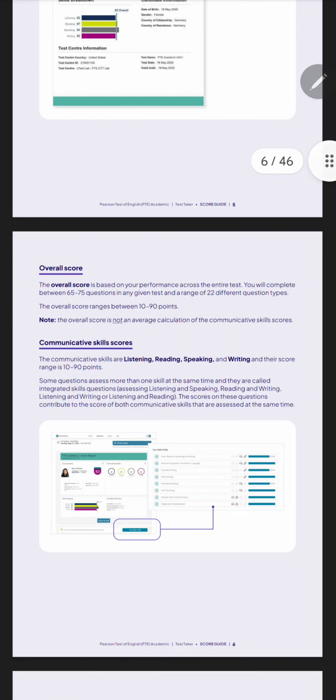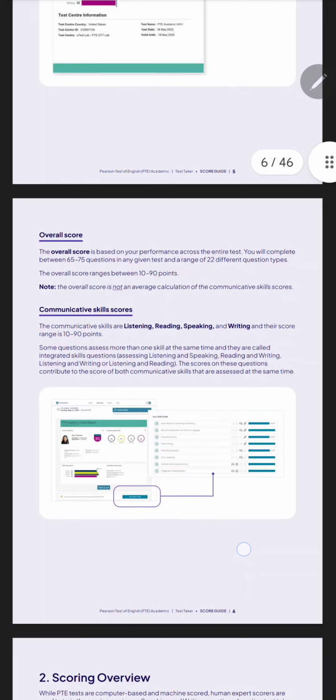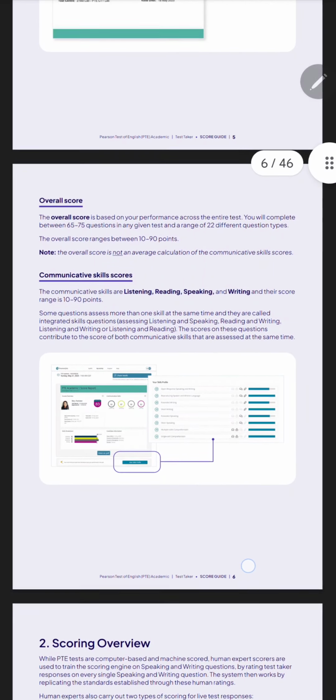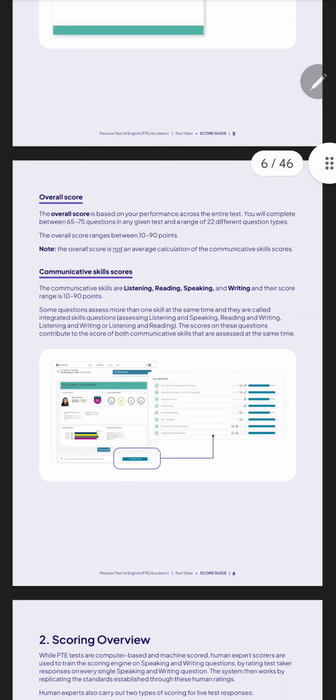Overall score is based on our performance across the entire test. We will complete between 65 and 75 questions in any given test, from a range of 22 different question types.